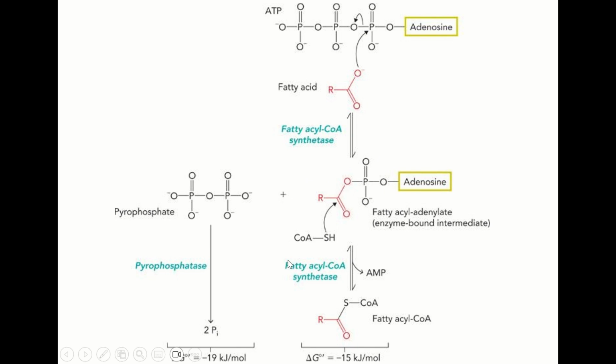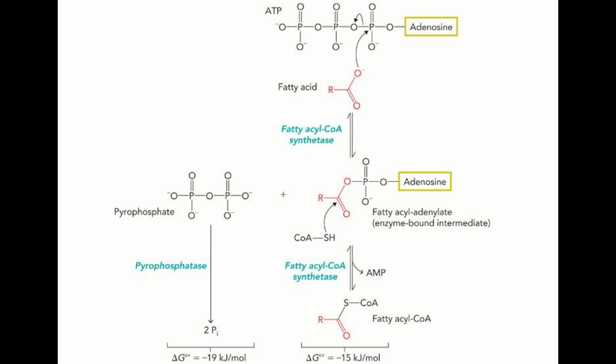Now, this process does require a little bit of thermodynamic driving, and so what we couple it with in order to achieve that is the hydrolysis of pyrophosphate into two inorganic phosphates. So in summary, ATP is used to adenylate to produce an intermediate, which, with the help of pyrophosphate being degraded into two inorganic phosphates, can then be replaced by a coenzyme A group, giving us our activated fatty acid, which can then take part in the carnitine transport pathway we discussed in the previous slide.